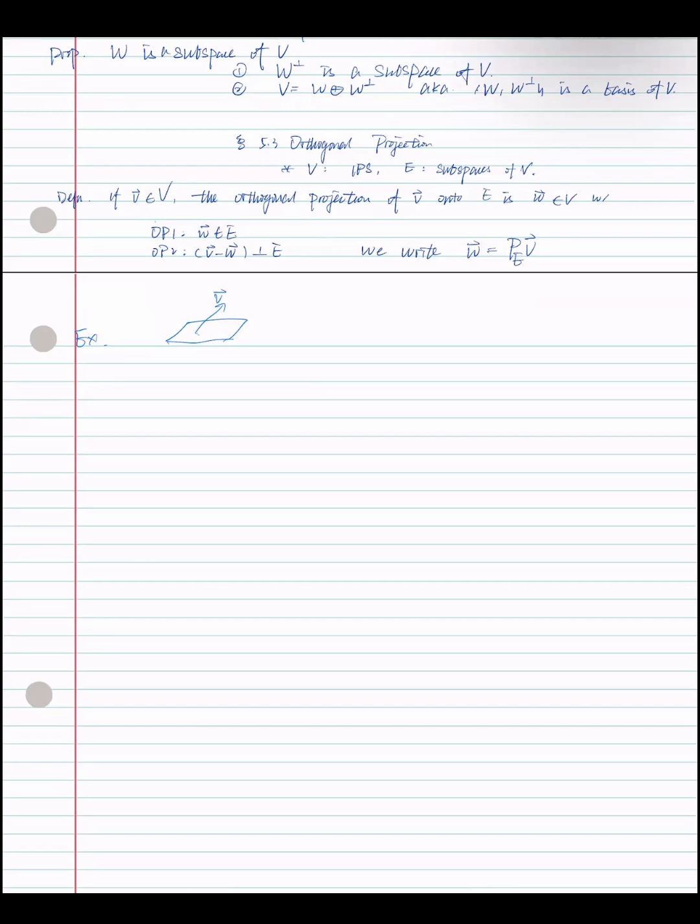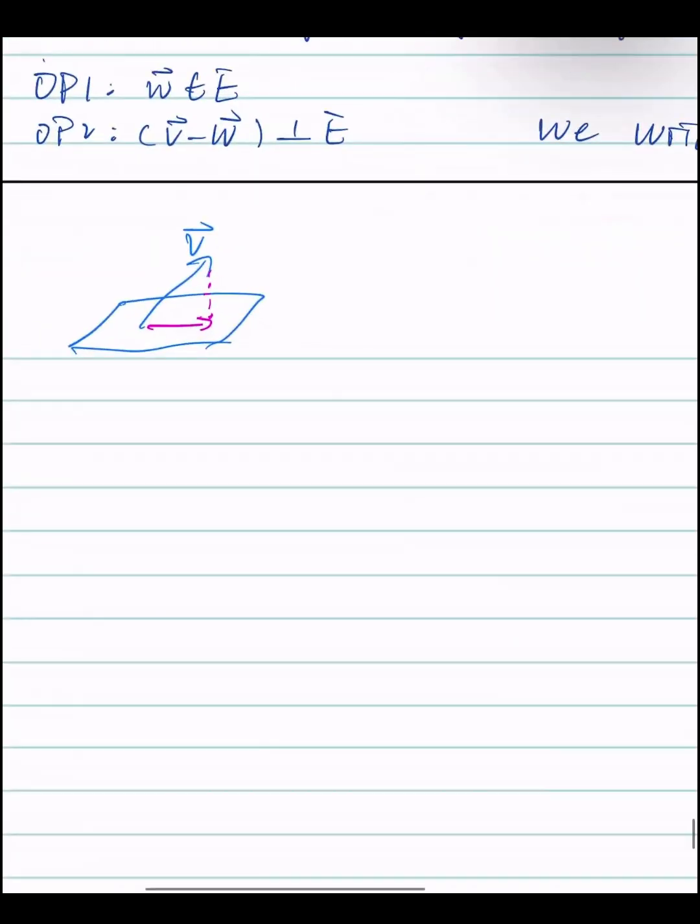So what we're doing is we want to find a projection on E. And this is our W. And this V subtract W is this vector right here. So this is orthogonal to the plane.